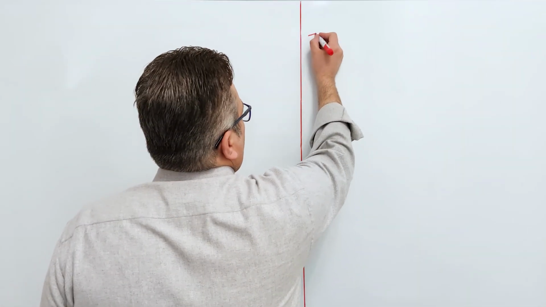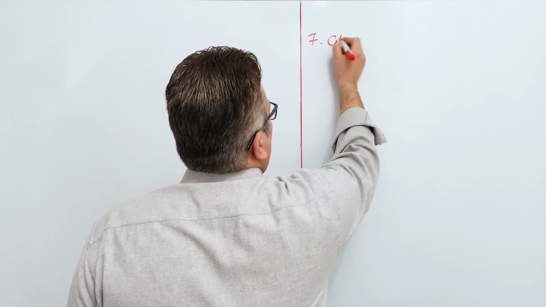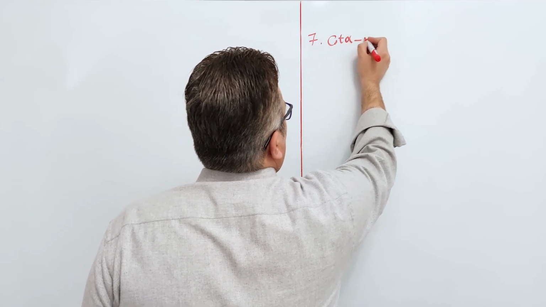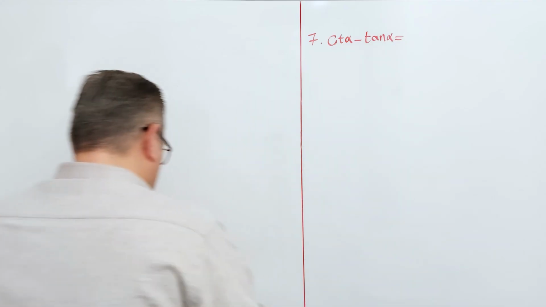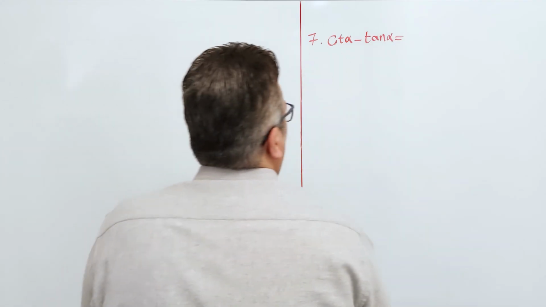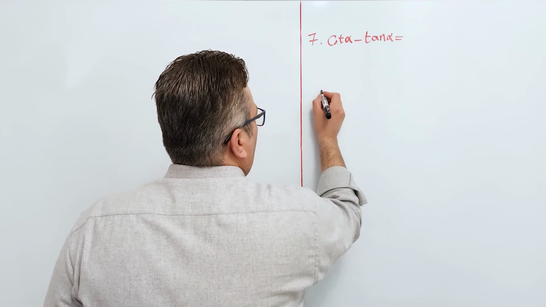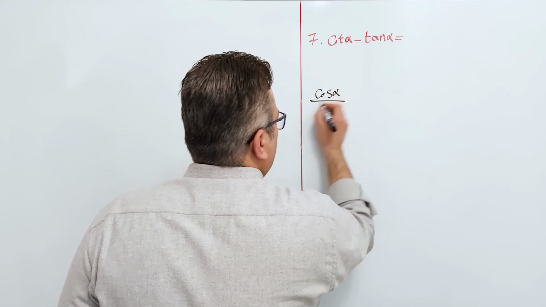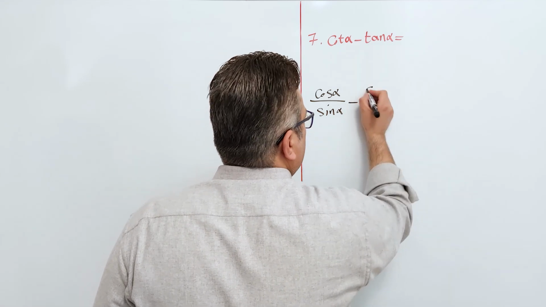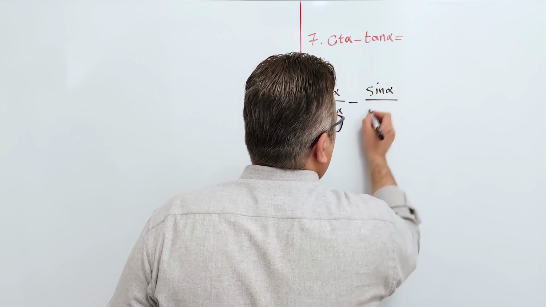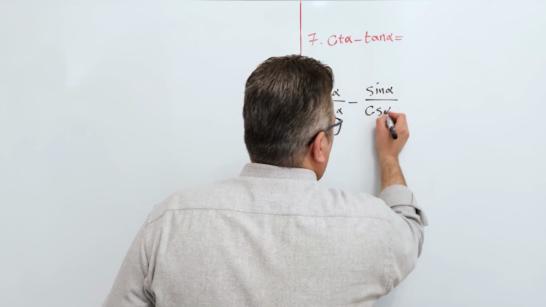Number 7. Cotangent alpha minus tangent alpha is equal to... We know that cotangent alpha is equal to cosine alpha divided by sine alpha, minus tangent alpha, which is sine alpha divided by cosine alpha.